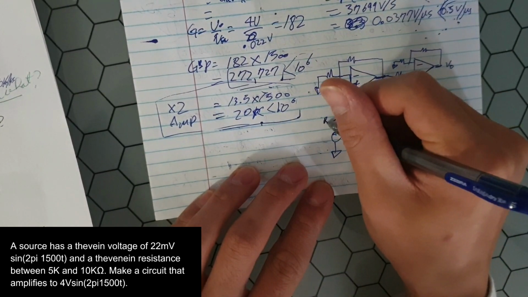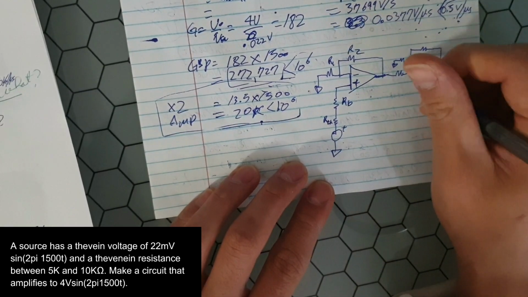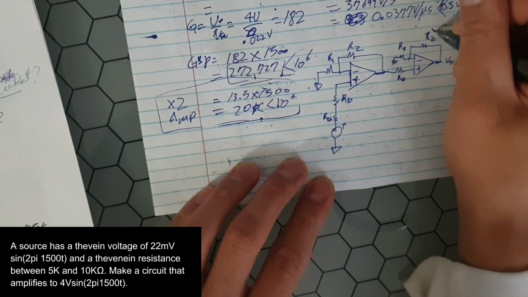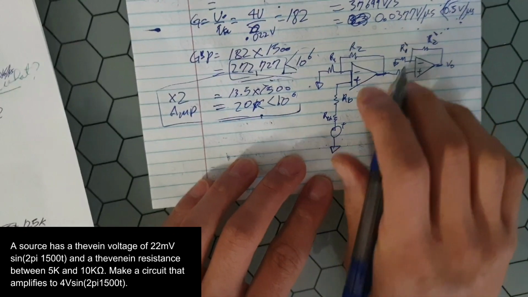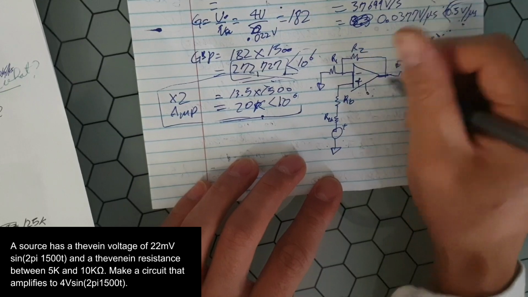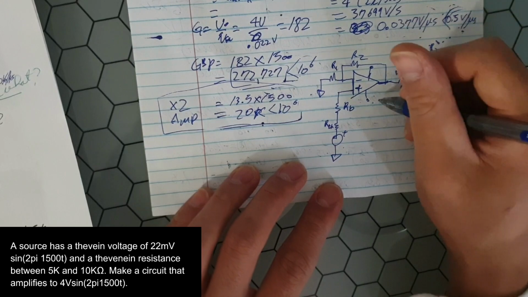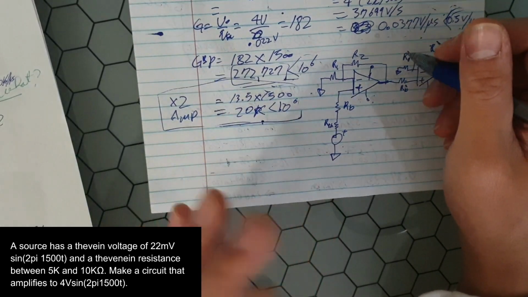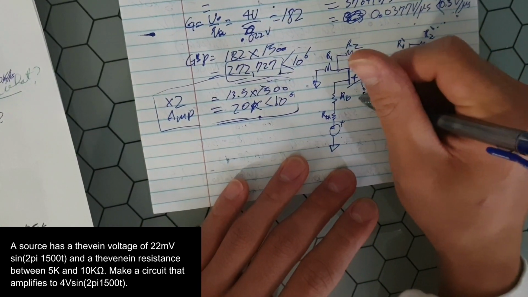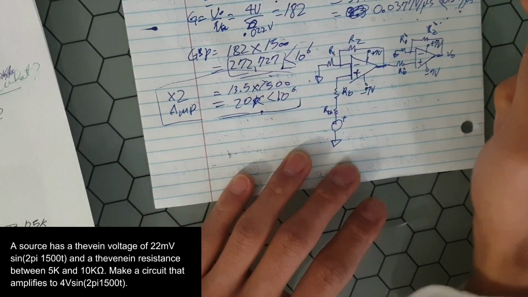Here is our Thevenin, our bias, R1, R2, and our bias, R1, R2 again, but we're going to call it R1 prime, R2 prime to distinguish. And we should have VCC over here. Since our output is about 4 volt, we can have something bigger than 4 volt, so 5, 6, 7. Here I'll just use 7. So negative 7 volt plus 7 volt, negative 7 volt plus 7 volt.